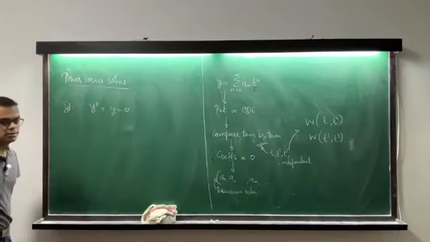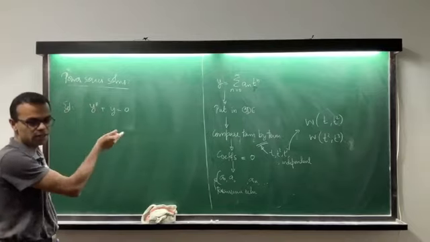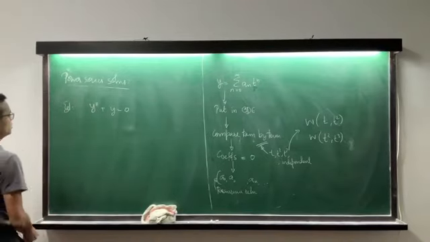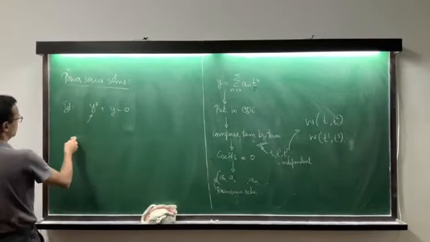Is this okay? We know how to solve this. Of course, we can just use sine and cos, right? Whatever, sine t, cos t. But we'll solve this using the series solution because it will give us some important information.